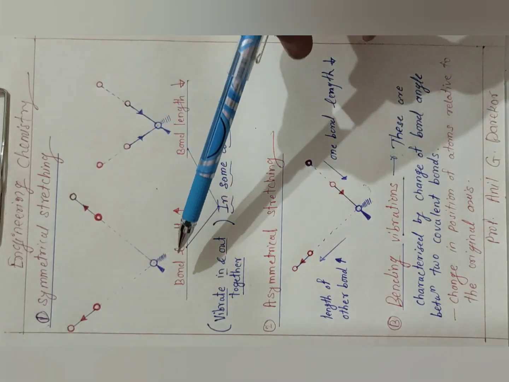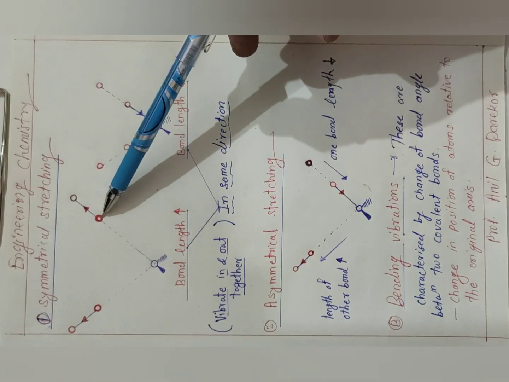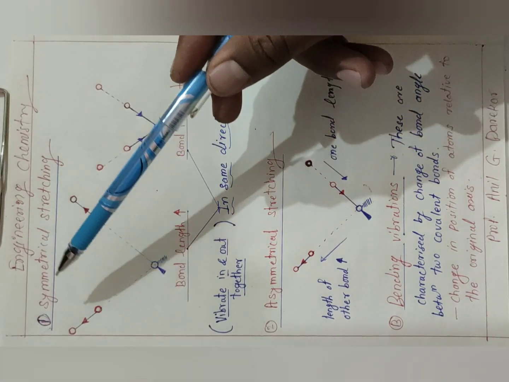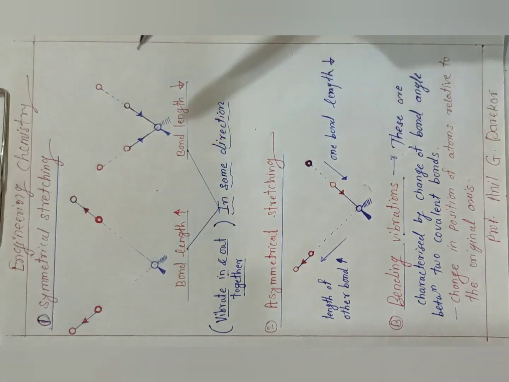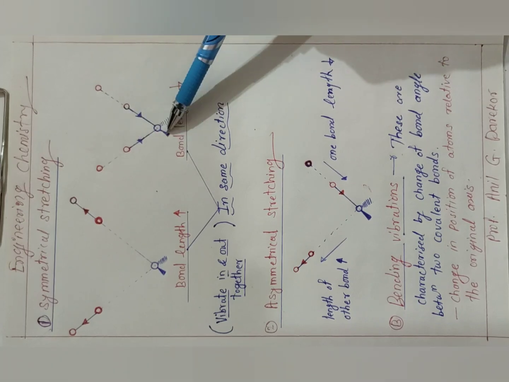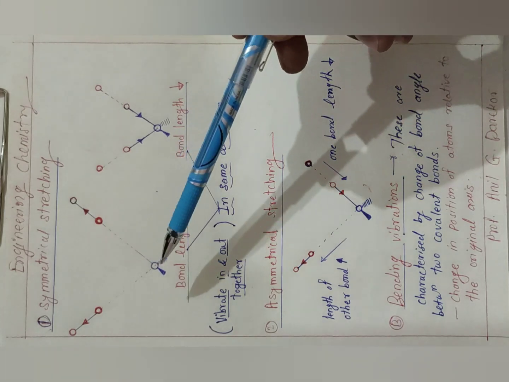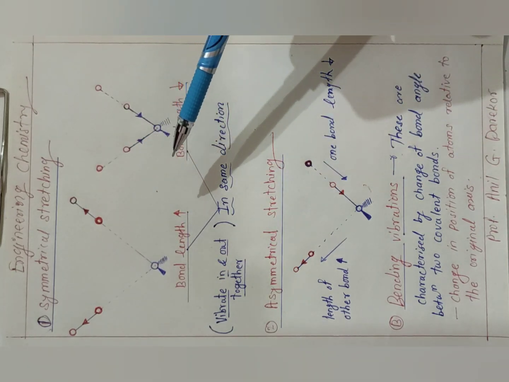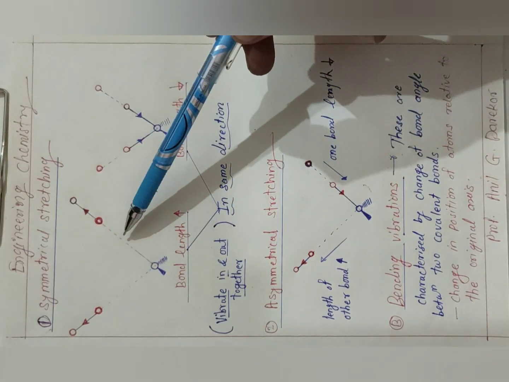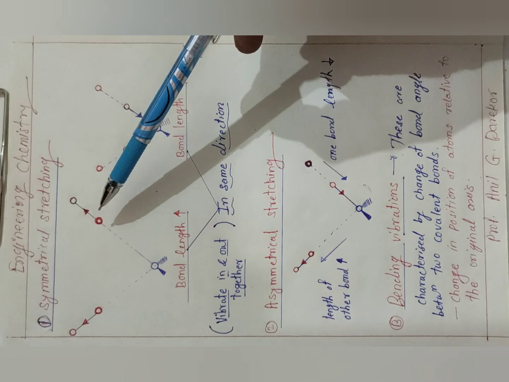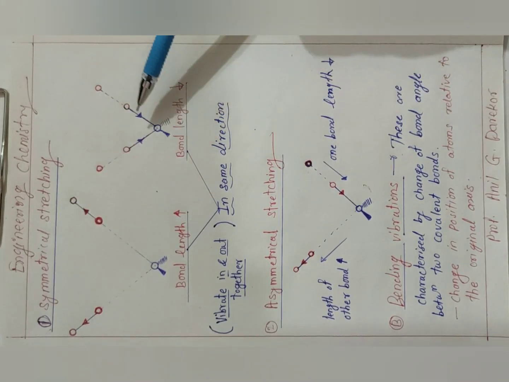For example, this is a central atom and this central atom is bonded to these two atoms. In symmetrical stretching, bond length either increases or decreases, and this increase or decrease takes place symmetrically. In the first diagram you can see stretching takes place, bond length increases, and in the second presentation bond length decreases.